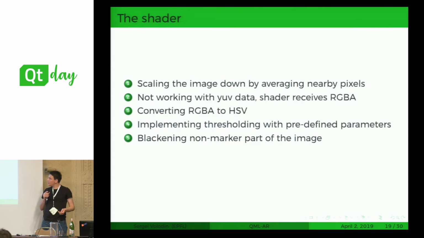Once it's done, the only thing that we need to do is to write a shader, which is a program that would run on the GPU and process our image, which is already on the GPU, because camera images arrive there.